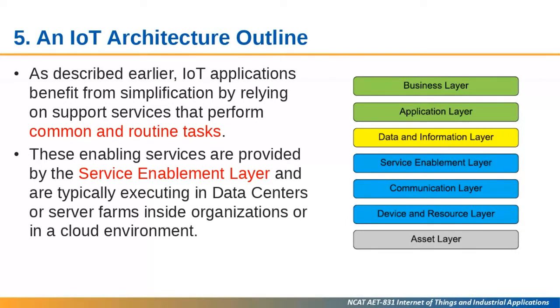We may want to tidy and clean up the data so that noise will be removed. So this is at the service enablement layer. These are usually executed in data centers or server farms inside organizations or in cloud environments. So basically, after the data is uploaded to, for example, the cloud, they will do some initial common tasks.